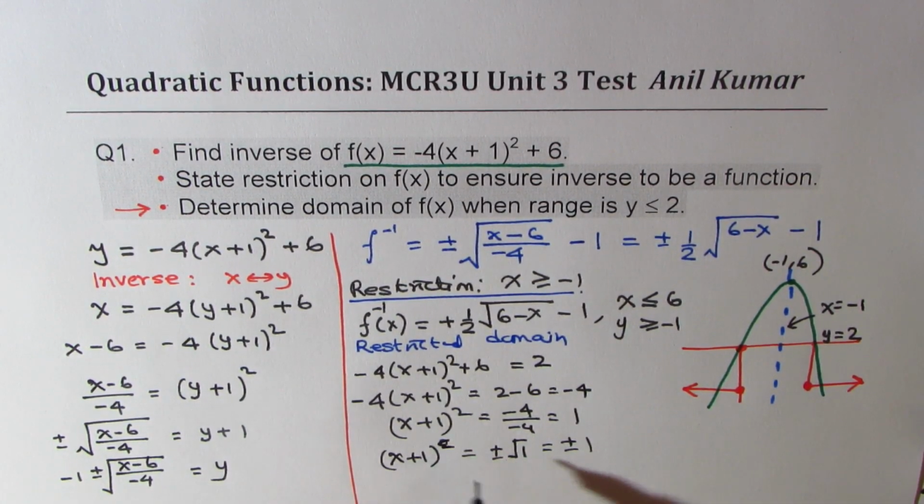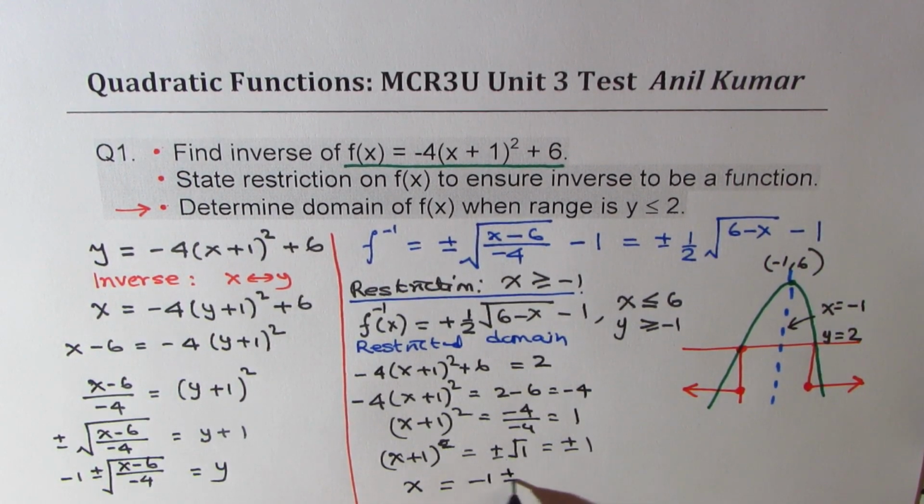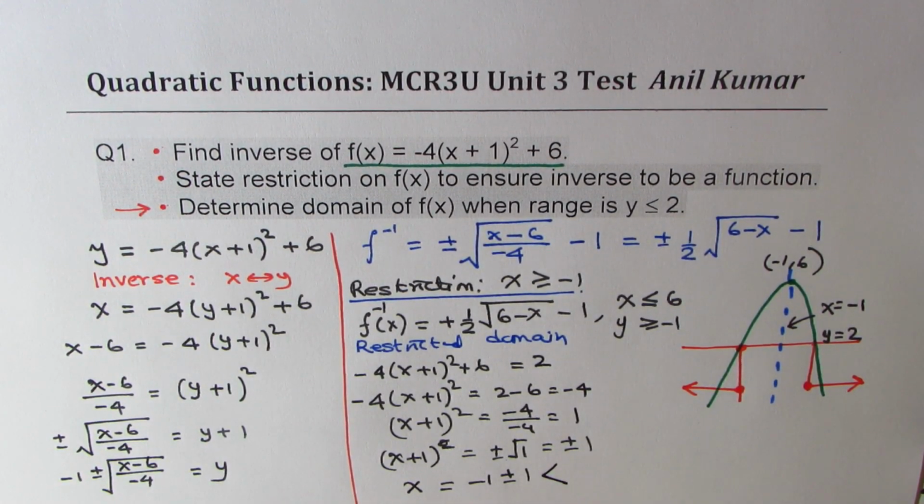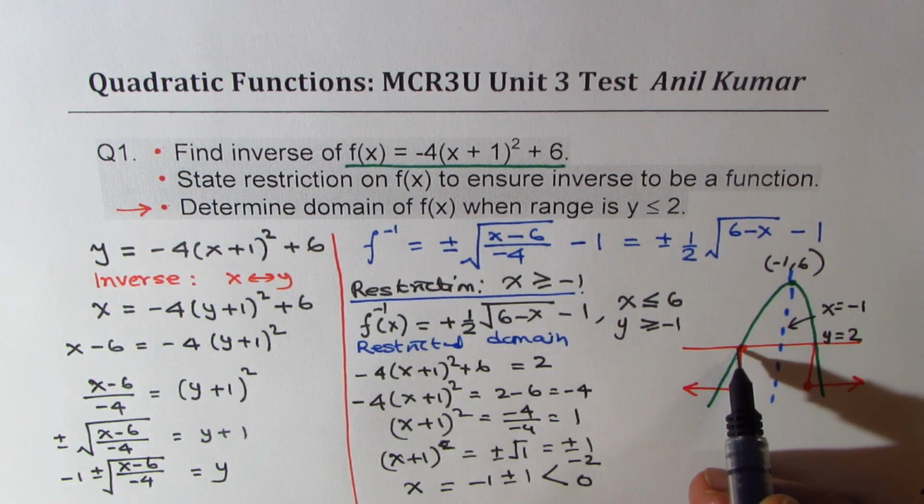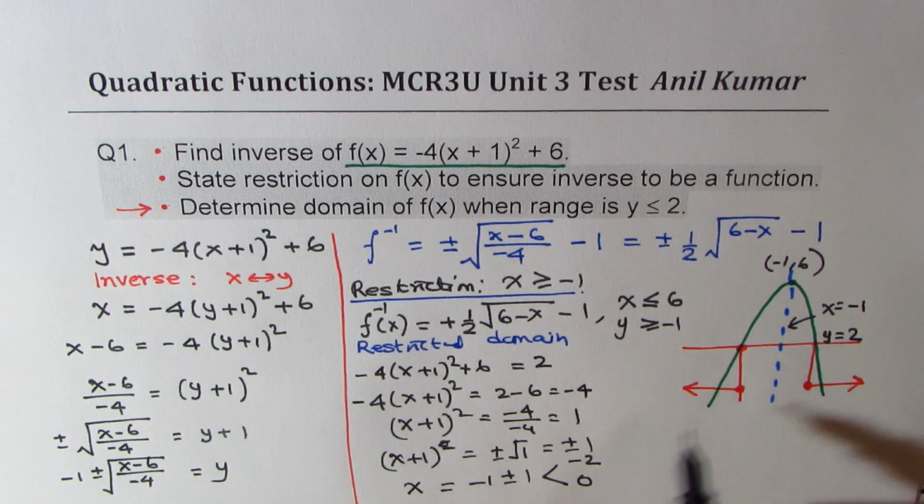Right? Since we did a square root, I'm removing the square from the left side. And now we get the value of x as equal to minus 1 plus or minus 1. Right? So we get two values, one of them being minus 2, the other one being 0. So that means the points where y equals 2 are at x equals minus 2 and 0.